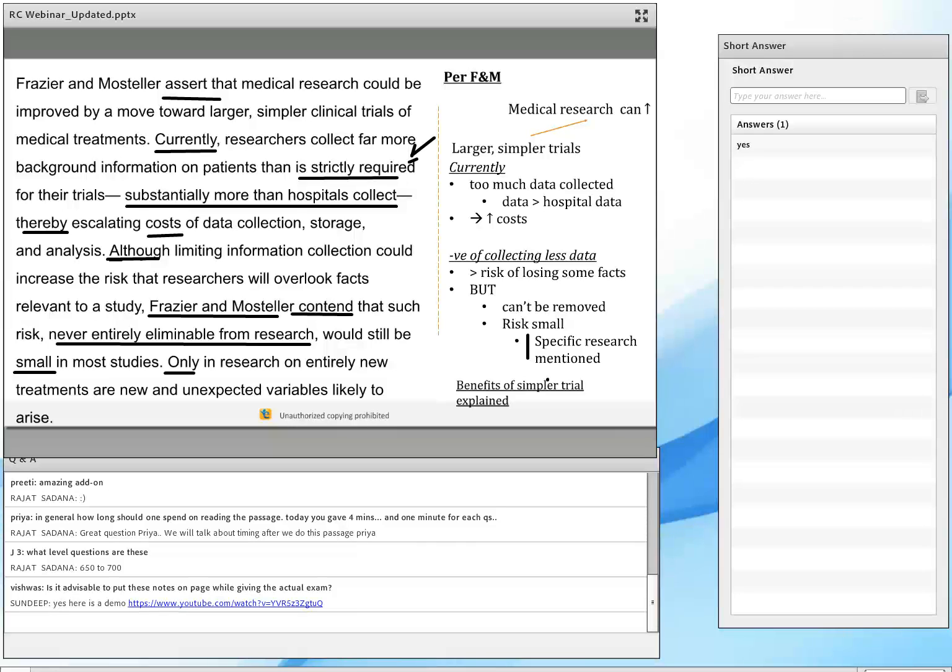Okay, so that's something which is very, very important to understand over here. All right. Now, when you summarize this, you say, hey, what the author is saying is we should go towards simpler trials in which we collect less data. And why? Because simpler trials reduce the cost of data collection while not increasing the risk a whole lot. So the risk doesn't change a whole lot.